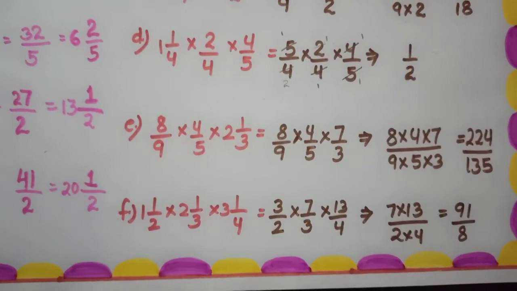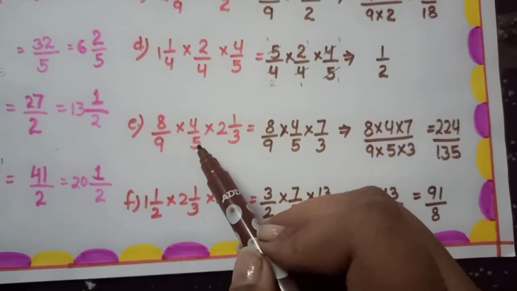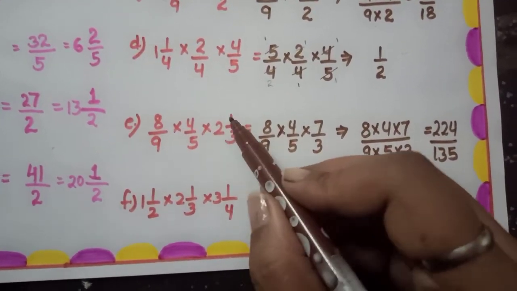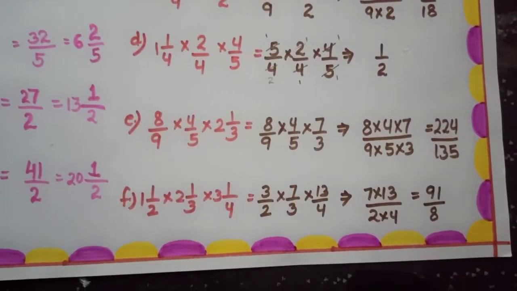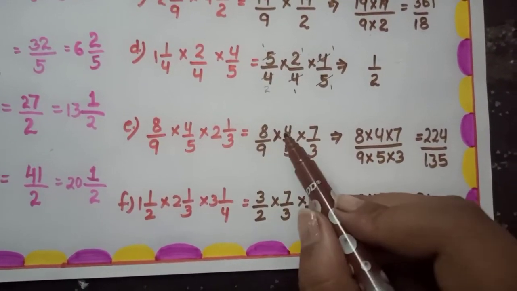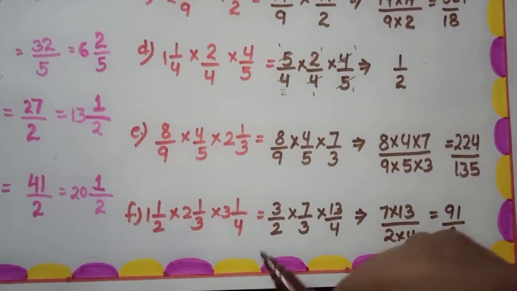Okay. Now E part. 8 upon 9 into 4 upon 5, and the mixed fraction after converting will become 7 upon 3. Now if we check it very nicely, we cannot divide any numerator and denominator. So what are we supposed to do?